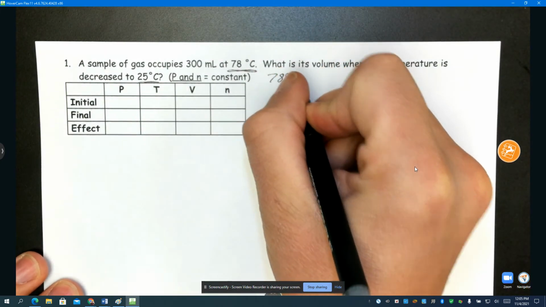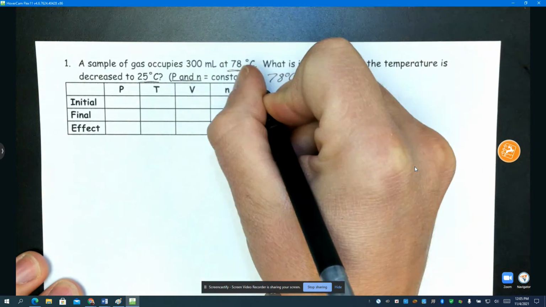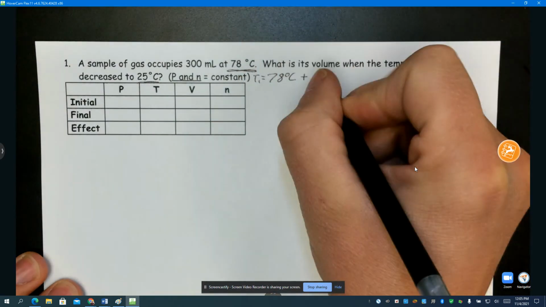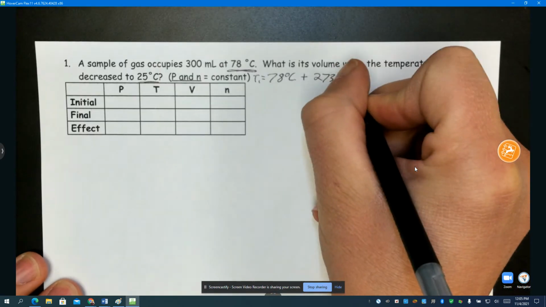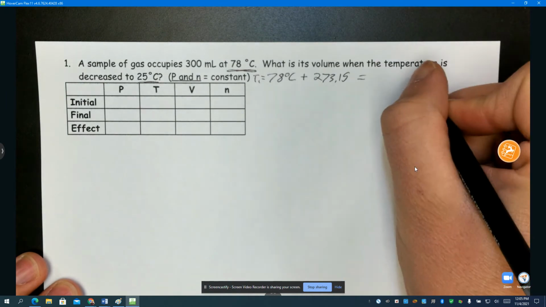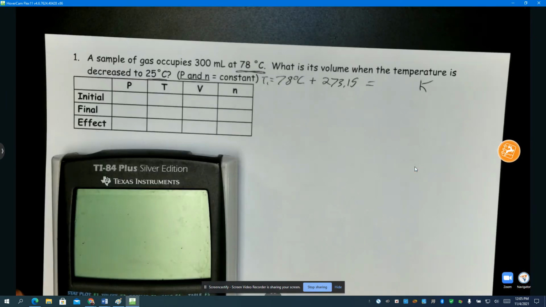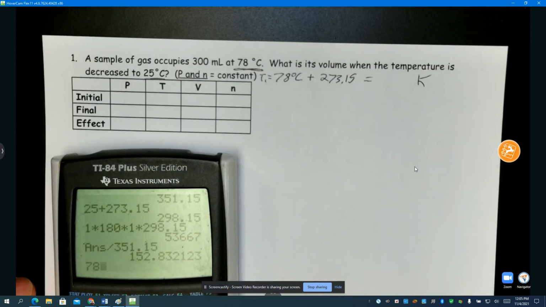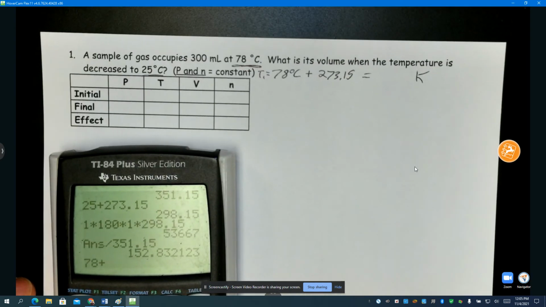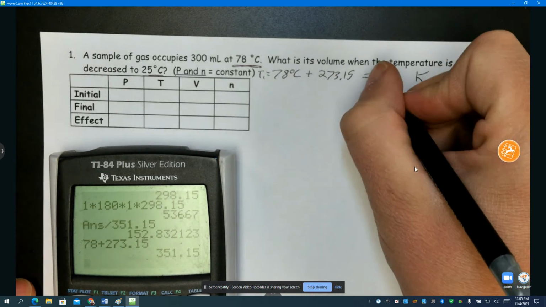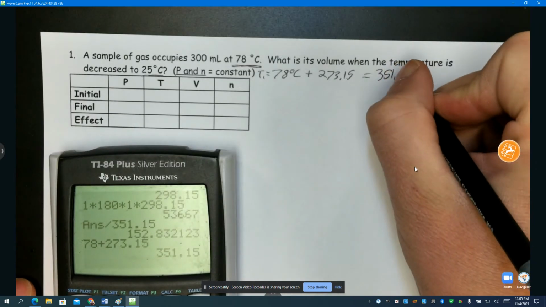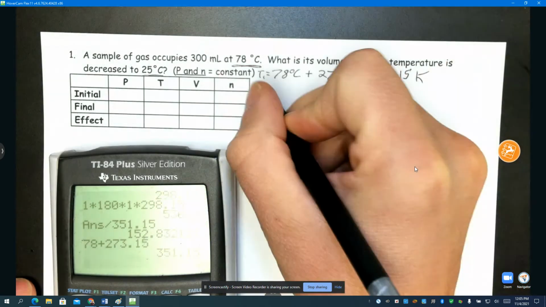So it is always 78 degrees for the first temperature, plus 273.15 equals your temperature in Kelvin. We type that into our handy-dandy calculator, and we get 78 plus 273.15, and we get 351.15 Kelvin.